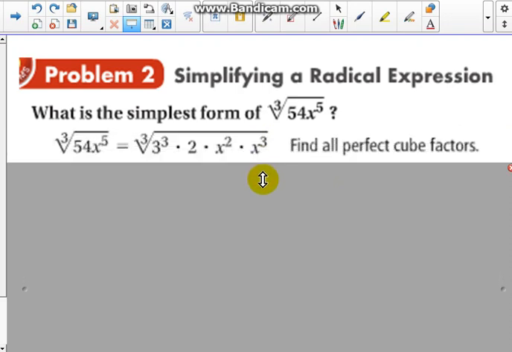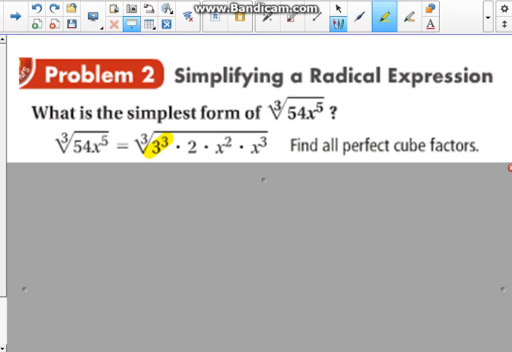And the first thing we want to do is find all the perfect cube factors. So we have 3 cubed, which would be 27. So 3 cubed, 3 times 3 times 3 is 27.